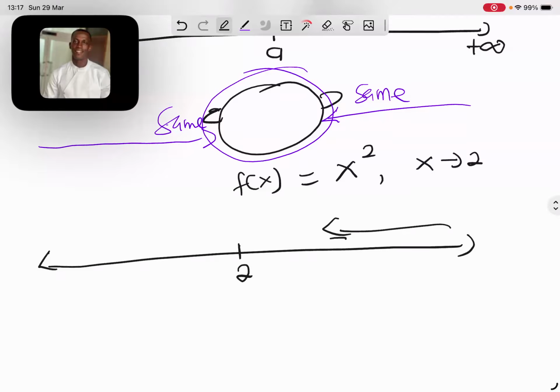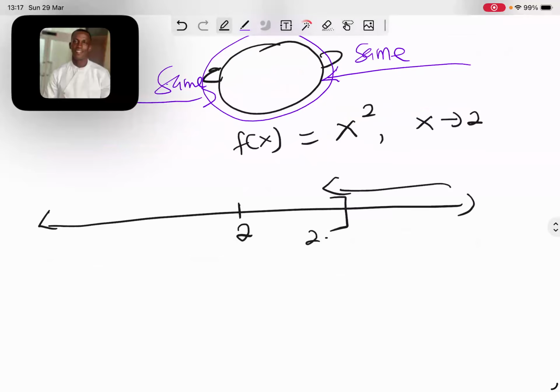So we look for some of the values that are closer to 2 as I'm moving from the positive infinity direction. Some of the values are 2.01. Another will be 2.001. Even way closer will be 2.0001. These are some of the numbers that are closer to 2.